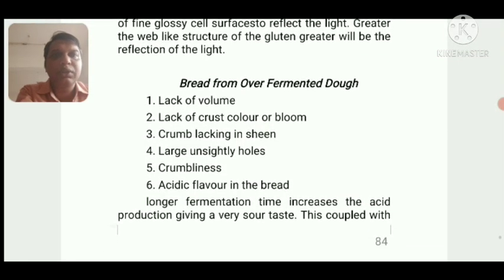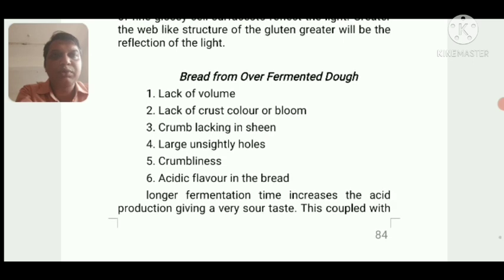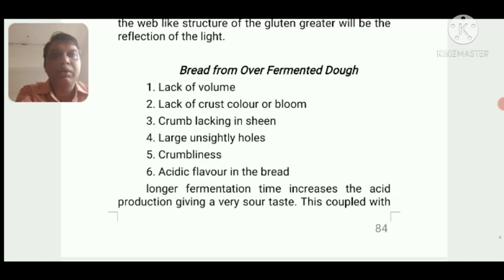Then we need to know about the breads from over fermented dough. What are the problems we get if the yeast was used excessively, or too much food for the yeast is given, so that they activate very fast and do more fermentation than the required demand.